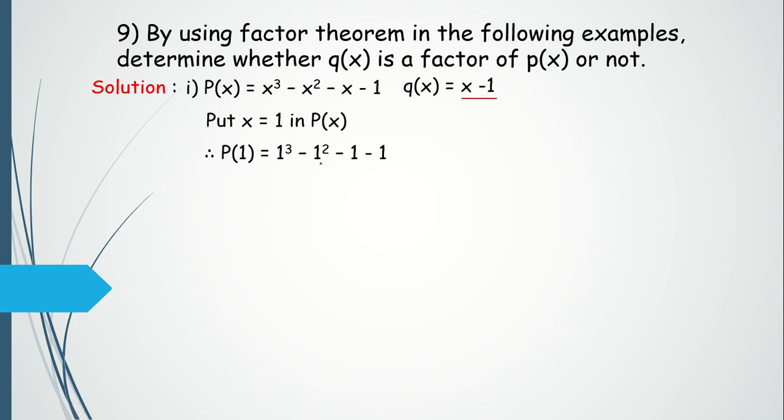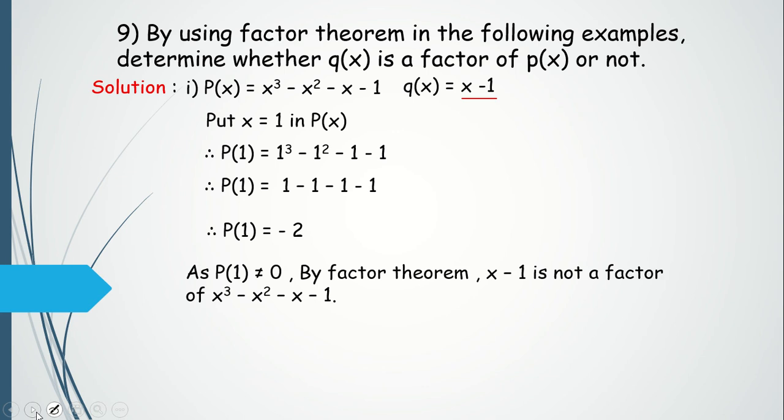So that's going to be 1 cube minus 1 square minus 1 minus 1. 1 cube is 1, minus 1, so that's 1 minus 1 minus 1 minus 1. 1 minus 1 will get cut, and this is going to be minus 2. So p of 1 is minus 2. As the remainder is not 0, as p of 1 is not 0, by the factor theorem, x minus 1 is not a factor of this polynomial.